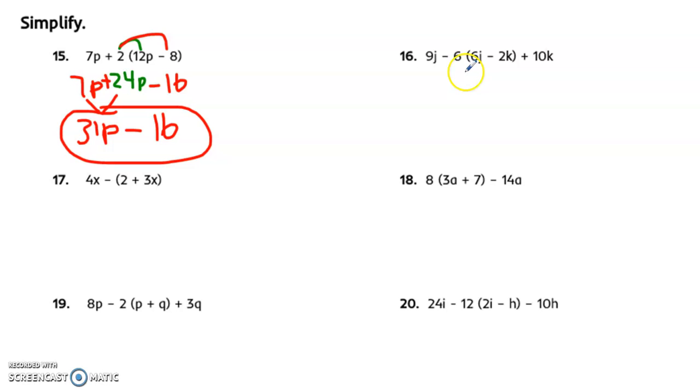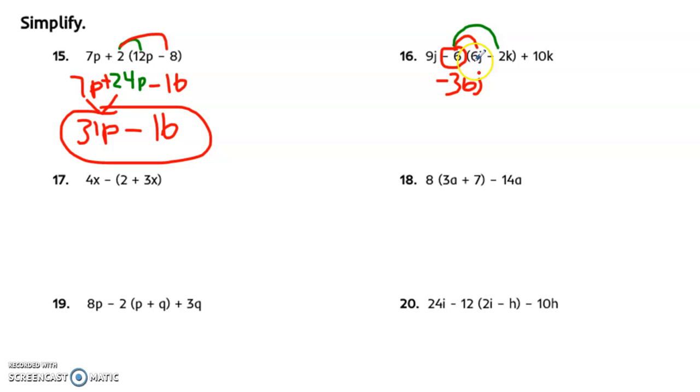9j minus 6 times 6j minus 2k plus 10k. So the first thing that we need to do is get rid of our parentheses, but we can't combine anything inside here because our variables, or the letters, are different. So we will start by distributing. So we have this negative 6, and we're going to bring it in and multiply by 6j. So it'll be negative 36j. Then we have negative 6 times negative 2k.